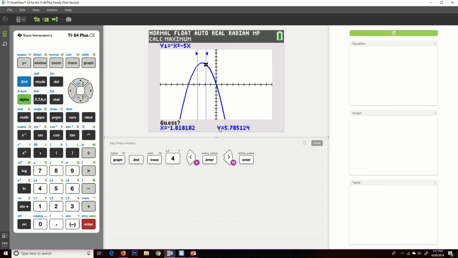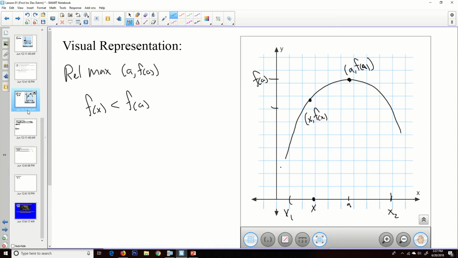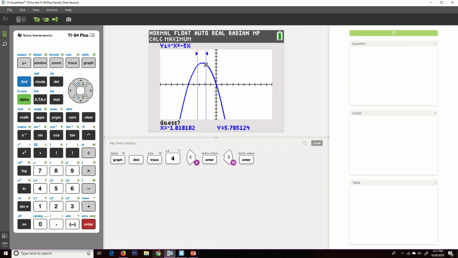So if you look back to here, relative extrema, what we're doing here is setting up these two bounds of where we're looking for the biggest value in between those two arbitrary points. So I hit enter, that says guess, and just to be clear, the guess means it wants you to put it as close to the top as possible, but on something as small as this, it doesn't really change it.